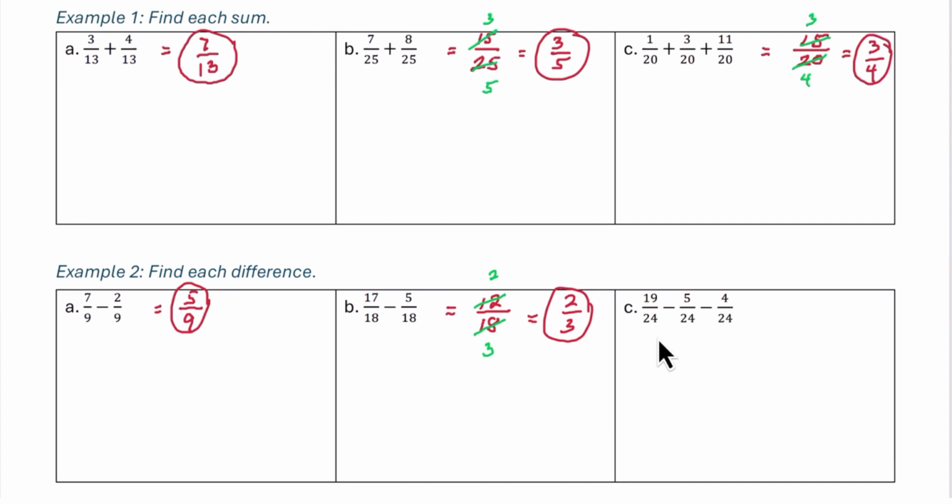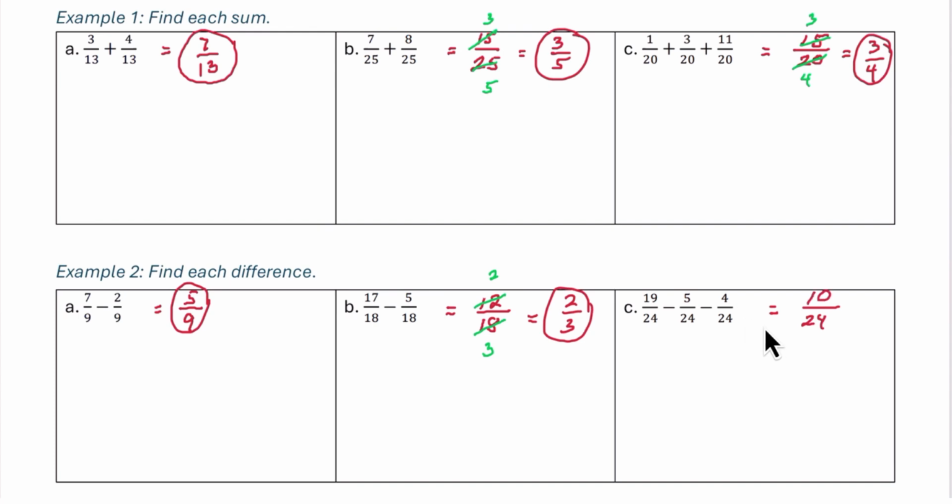In example C, we have 3 fractions, but recognize all of them have a common denominator. So we can subtract here. We know that the denominator is going to be 24. That stays the same. The numerator is where the subtraction happens. 19 minus 5 is 14, minus 4 is 10.